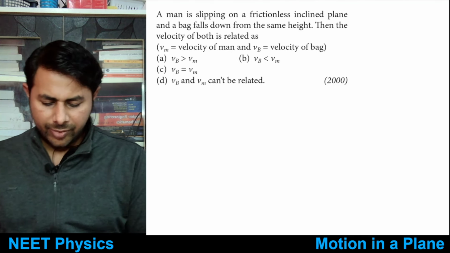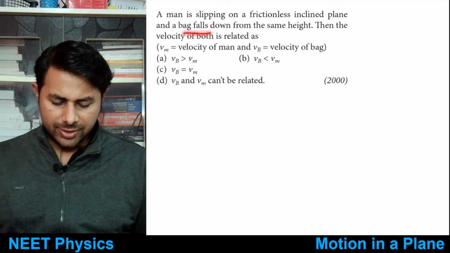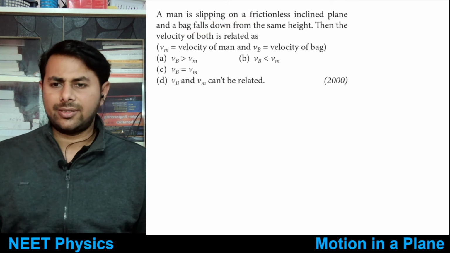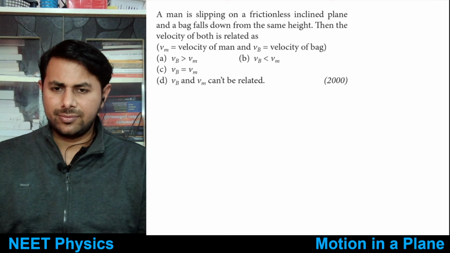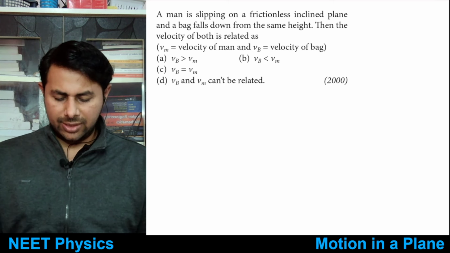Let's see next one. A man is slipping on a frictionless inclined plane and a bag falls down from the same height. Then the velocity of both is related as. Tell me. Man is slipping on a frictionless inclined plane.